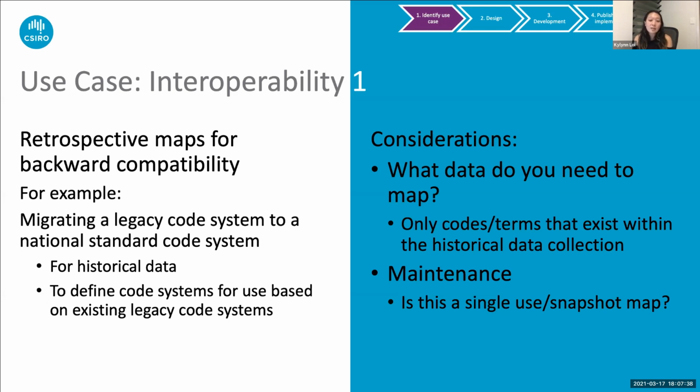For this use case, you need to think about what data you will need to map. In this case, probably only the codes or terms that exist within your data collection. And as it's for migration, you're probably only going to use it once, so you probably don't need to maintain it.